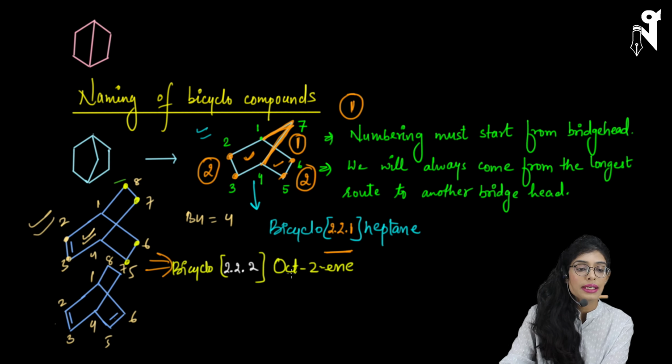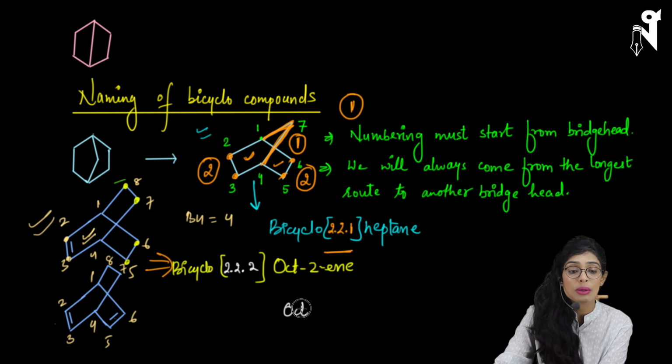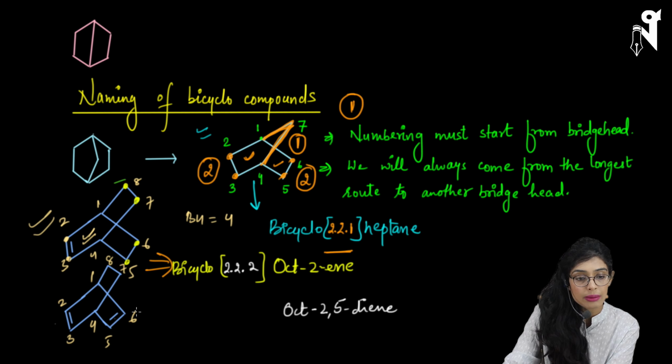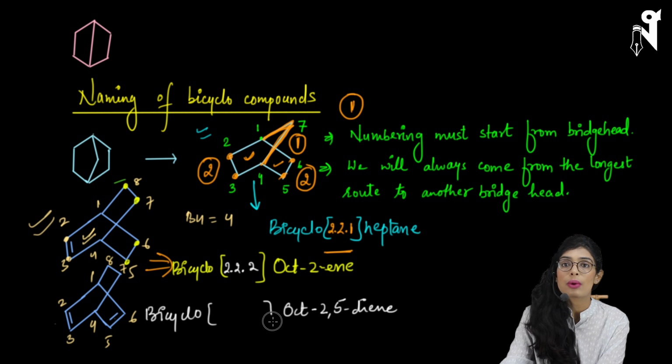Exactly the same way. Let's try out the next one. So we have an 8-membered ring. So let's write oct. We have 2 double bonds. One is on the 2nd position, another is on the 5th position. 2,4 diene. And because it is bicyclo, let's write bicyclo. And then we have to put some numbers in the square bracket.